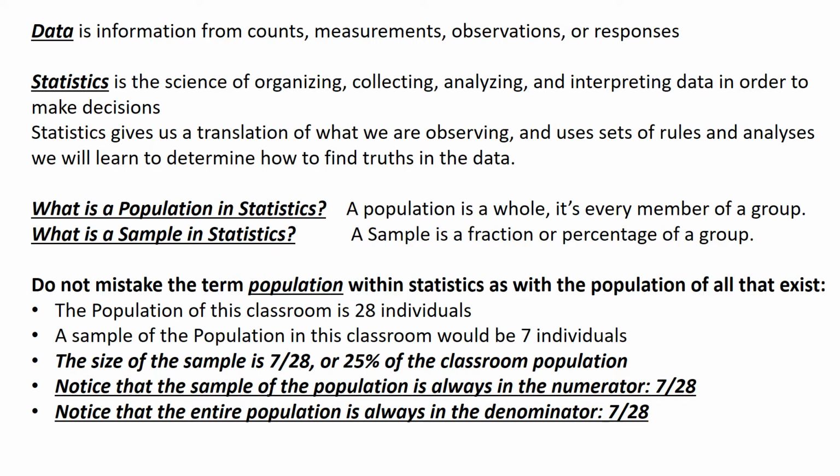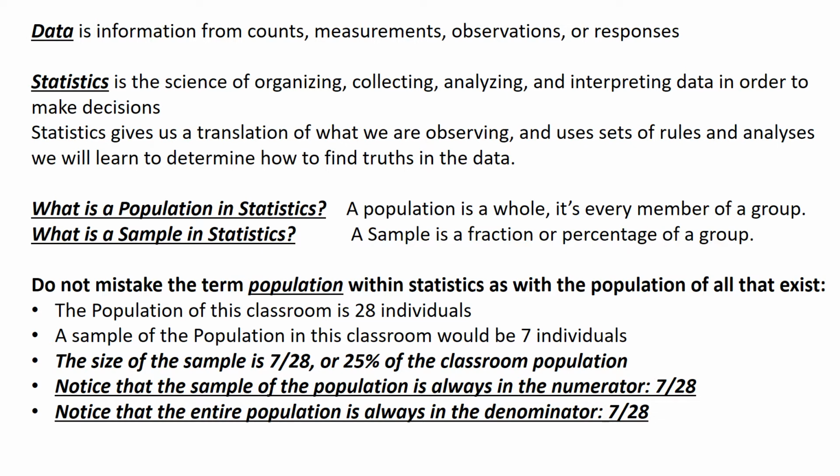When we talk about statistics, we are talking about numbers, and numbers can be looked at in two unique ways. There's data, that's information of counting, measuring, observing, and then there's statistics. This is organizing our data to try to make sense of what we're looking at, to look at order within it.